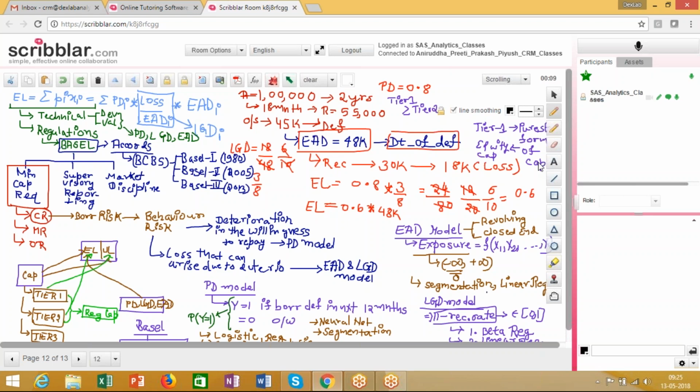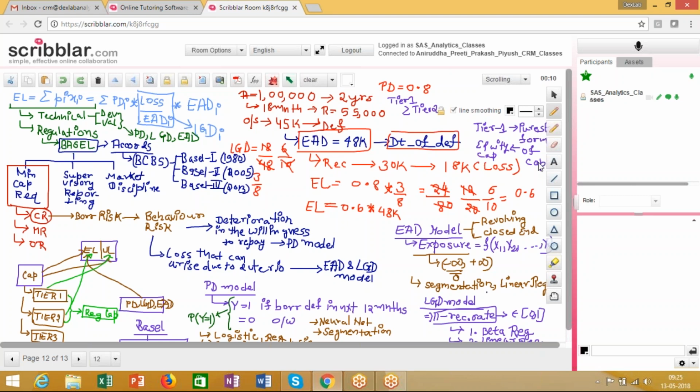On the other hand, the expected losses are covered by the tier 2 capital, which is the supplementary capital, right? So the tier 2 capital will comprise all kinds of predicted or estimated capital requirements, like provisions for doubtful debts. I'm expecting that so and so debts might be doubtful and they might default over time, and hence against them I'm keeping aside a certain amount of money. So this is a part of expected loss.